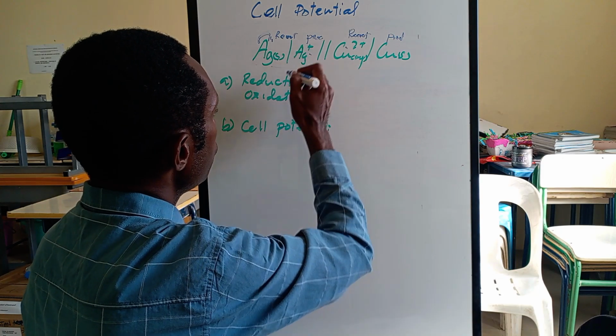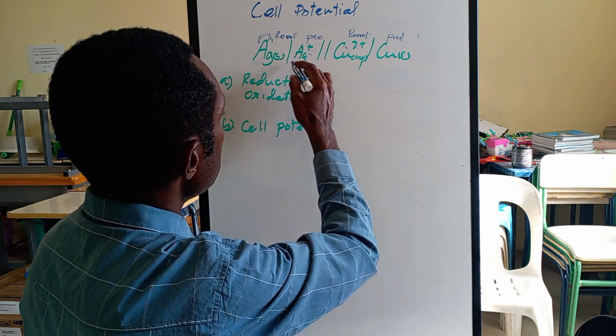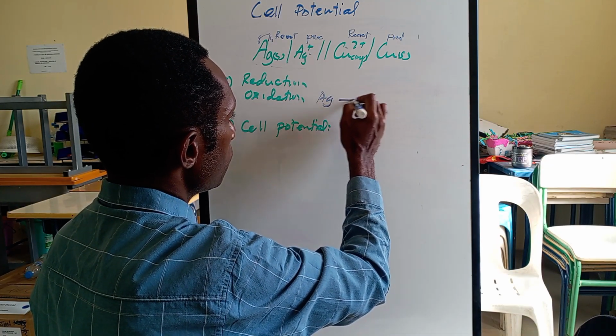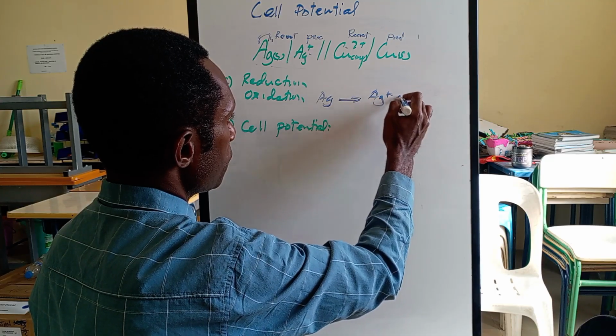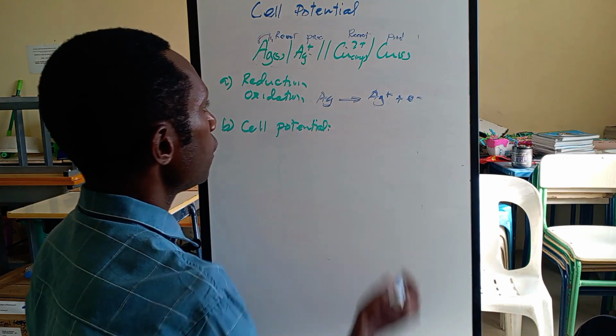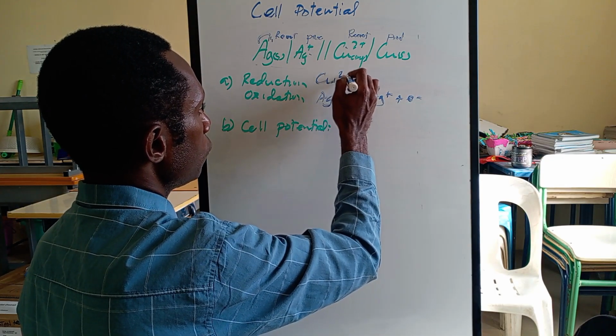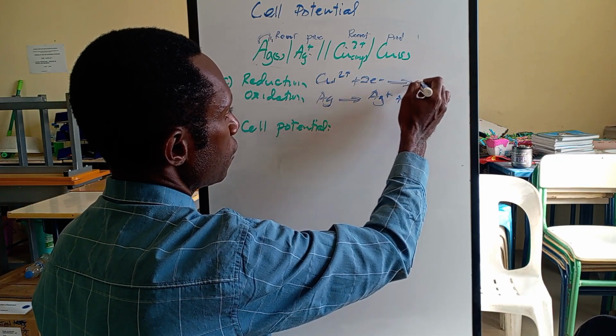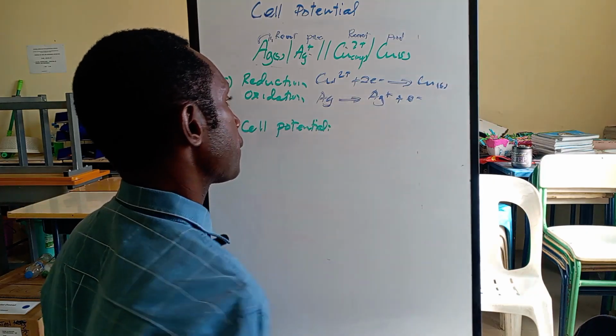Okay, so this one is oxidation. So you write Ag produces Ag+ plus electron. Reduction, Cu2+ plus 2e produces Cu solid.